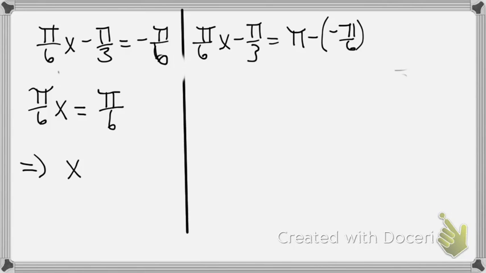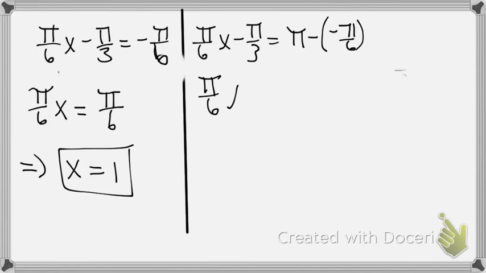Dividing both sides by pi over 6 gives you the first solution, x equals 1. That's certainly between 0 and 12. Over here, pi over 6x minus pi thirds will equal pi minus minus pi over 6, which is pi plus pi over 6. And you should get 7 pi over 6.